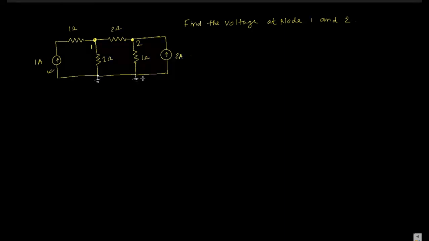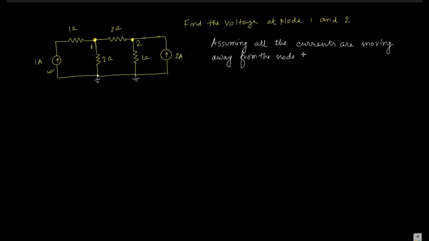So if you write down, assuming all the currents are moving away from the node, what is the current through this node?